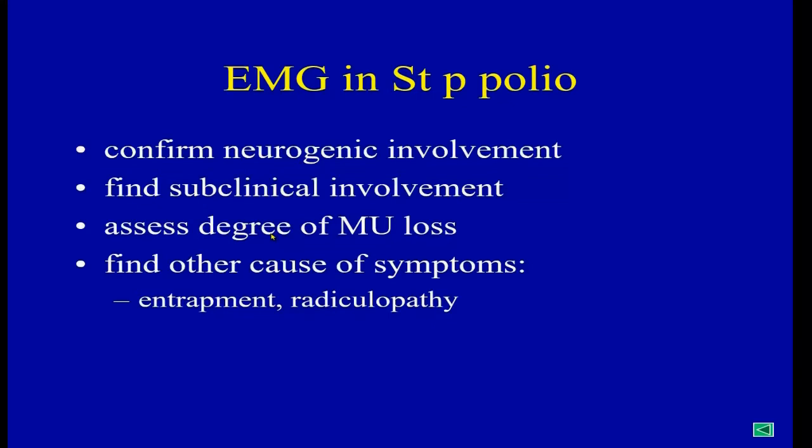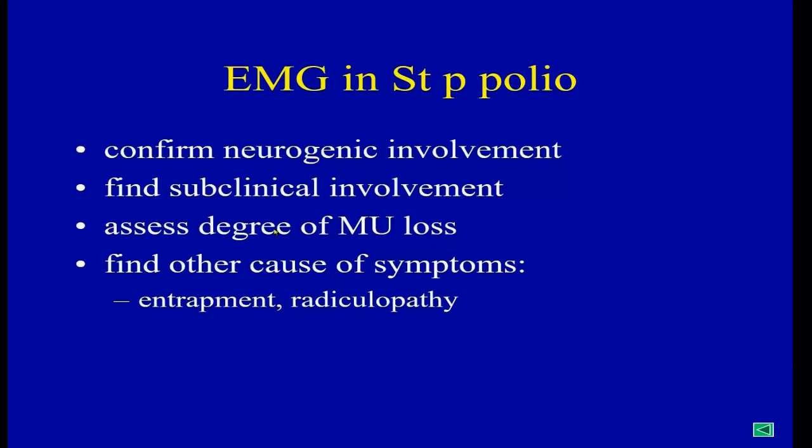But when the loss is severe, so that we have only, say, 20% left of motor neurons, then there is a large risk that that muscle will develop post-polio syndrome very soon, because of the superimposed aging effect, where we all lose a number of motor neurons every year, and the compensatory re-innervation can no longer cope with that.